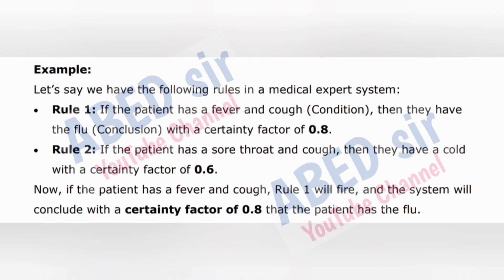Rule 2: if the patient has a sore throat and cough, then they have a cold with a certainty factor of 0.6. Now, if the patient has a fever and cough, Rule 1 will fire, and the system will conclude with a certainty factor of 0.8 that the patient has the flu.